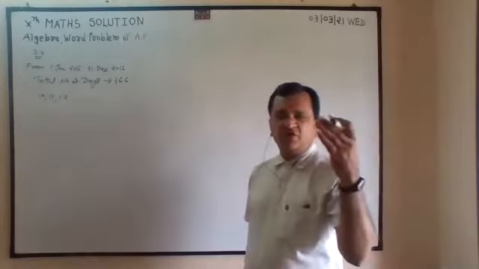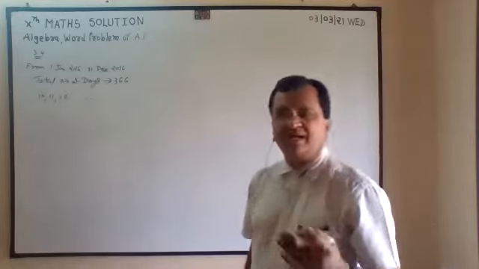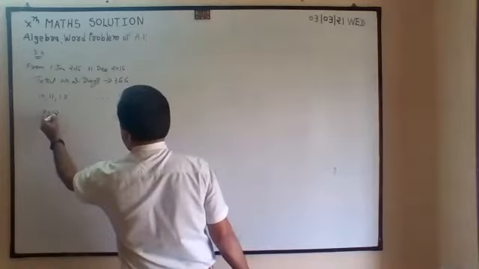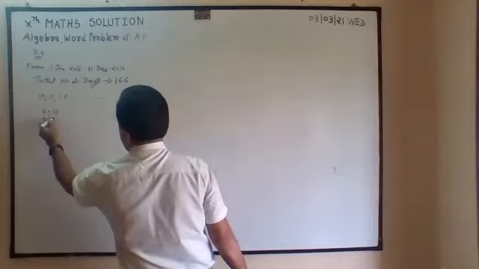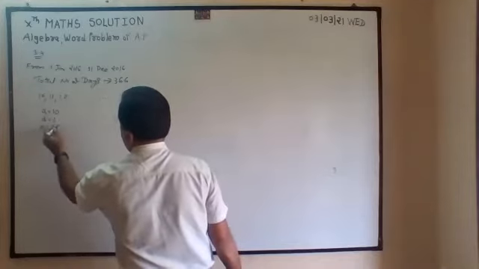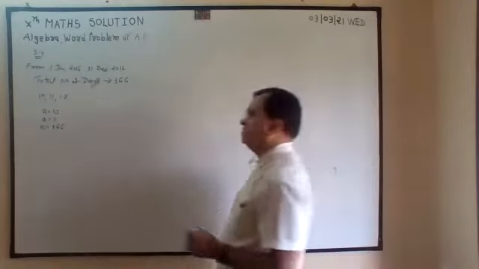Total saving means first day 10, plus 11 is 21, plus 12 is 33, like that. So it starts with 10 rupees, with a common difference of 1, a positive increasing series, and the number of days is 366. So at the end, how much amount will be in the account?